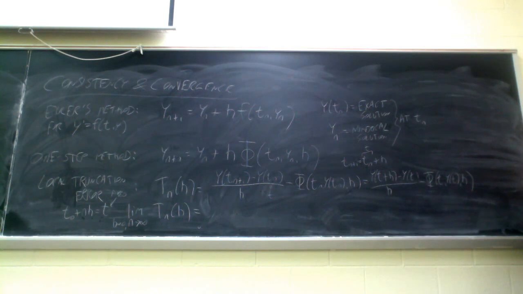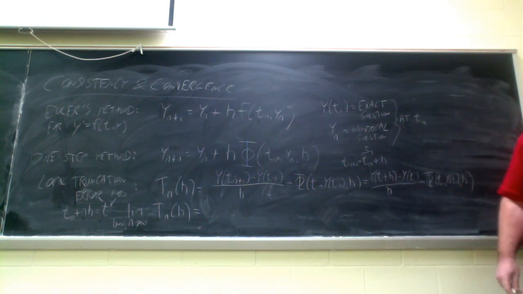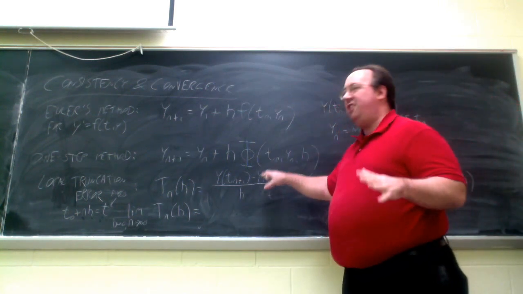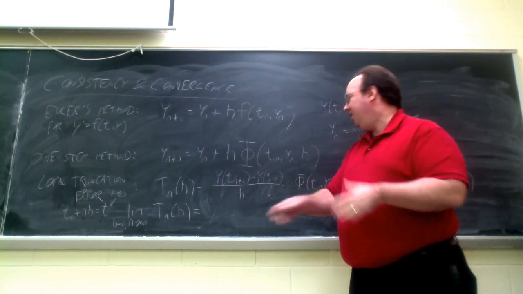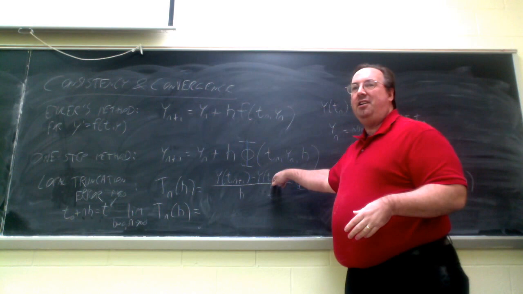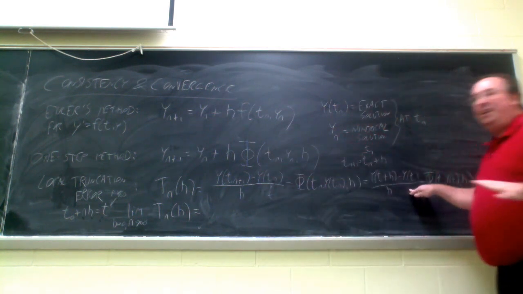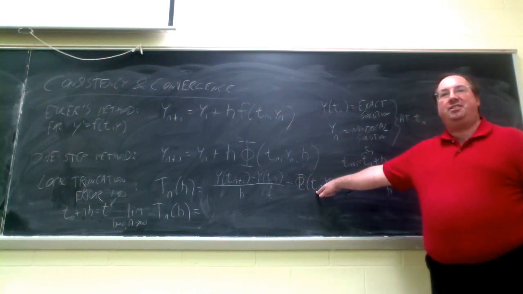Alright, I want the limit of this as n goes to infinity, h goes to 0, but in a way that nh remains fixed. So that way we're dealing with a fixed time t here. But to help you guys, I rewrote it this way to reinforce that t_n remains fixed.